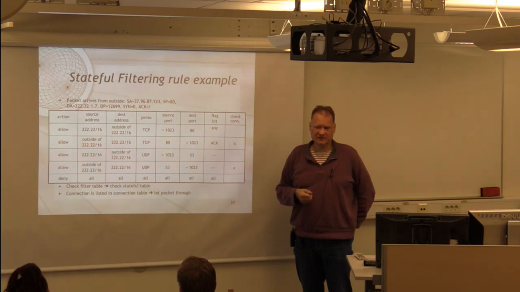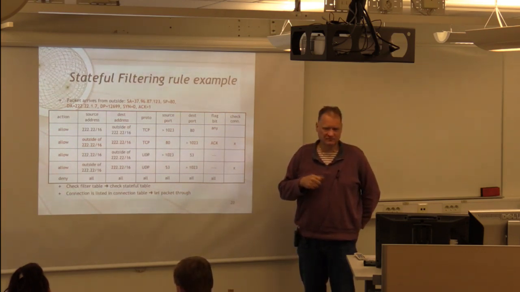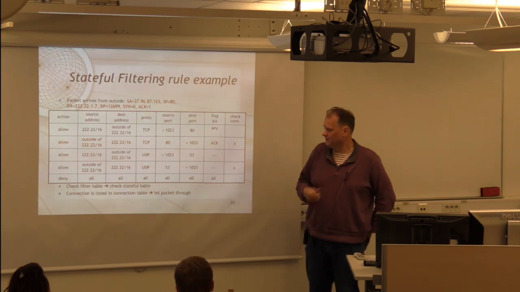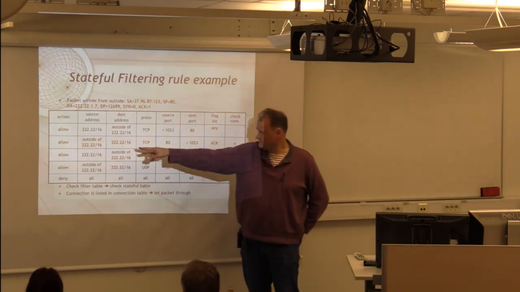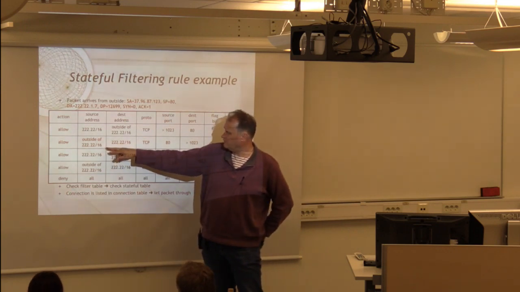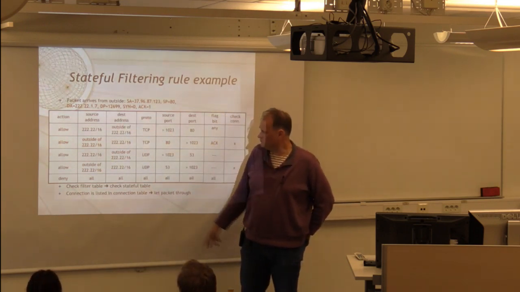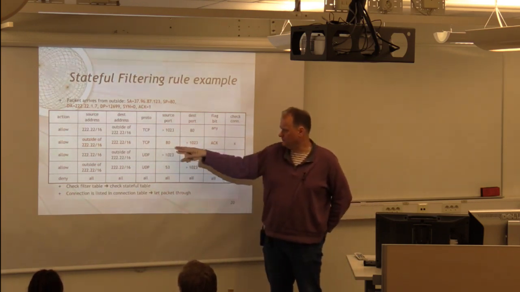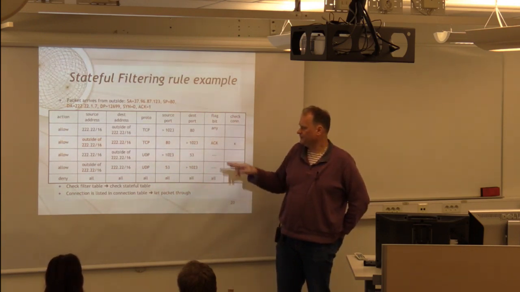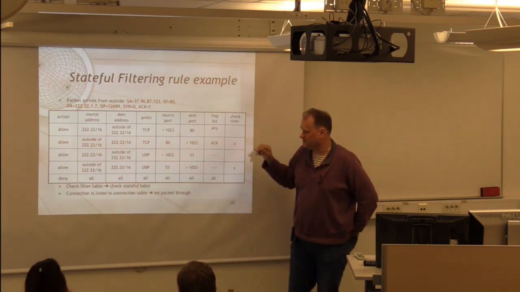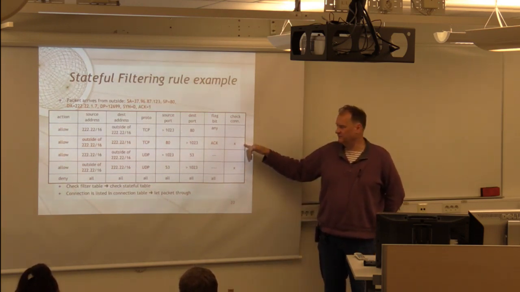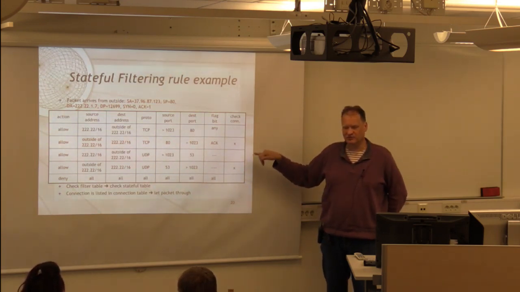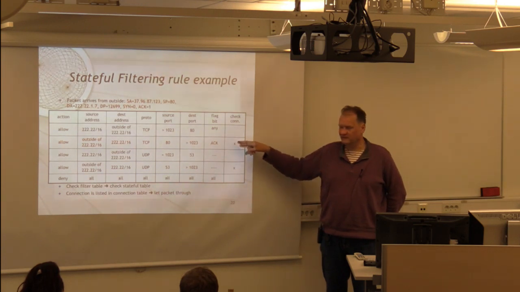But ACK is set to 1, so it's actually a response to a request. And then we have a rule saying, yes, we should allow someone from outside to reach any computer on the inside, if we're using this port 80 and it's an ACK, but we should only allow it if we already have a session here. So if we haven't negotiated a three-way handshake between those computers before, there's no reason why they should arrive and reply here. So then we should drop it.